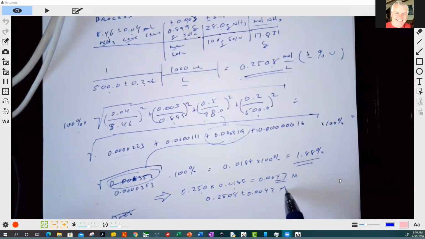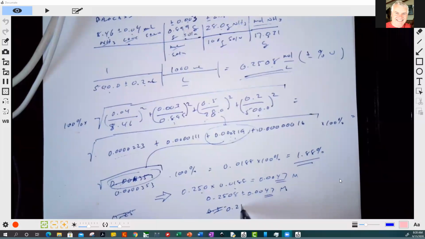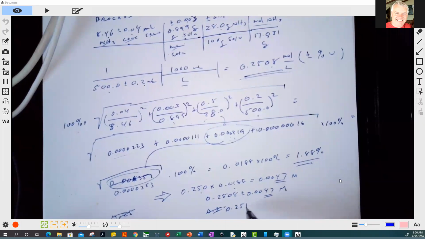And now, to be perfectly honest, since this is an uncertainty, we can round this to 1 sig fig. And round it to 0.251 plus or minus 0.005 molar. This is our final answer here.